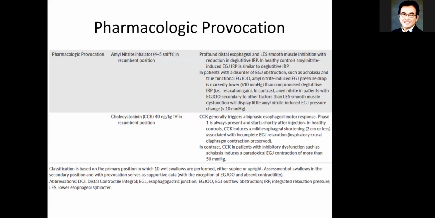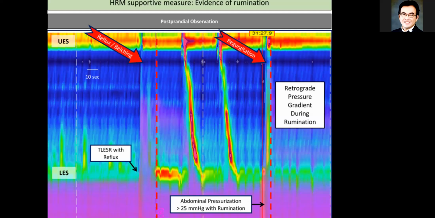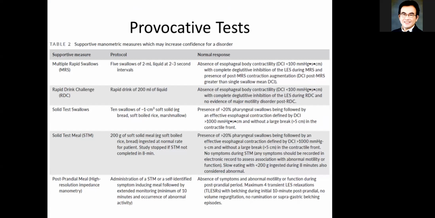In our own unit, we don't use them at all. So it's really up to your unit if you want to use cholecystokinin or amyl nitrite, but in our case, we don't use it. We do use a provocation. So maybe one of these days, Pei On would like to do another meeting like this just to share what kind of provocative tests we are doing, and they are really useful.